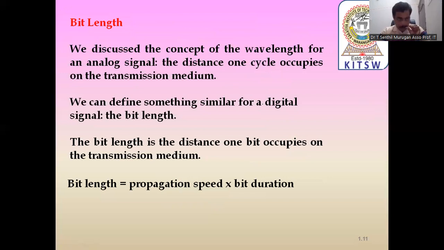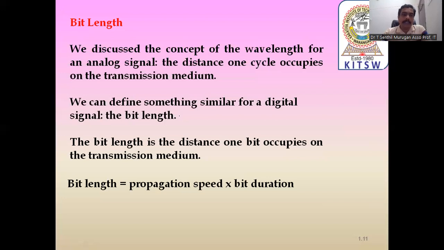Next one is bit length. What is bit length? We already discussed wavelength for the analog signal. What is the wavelength? For one signal, how much duration it will take. Like how much time one cycle will take, that is wavelength.